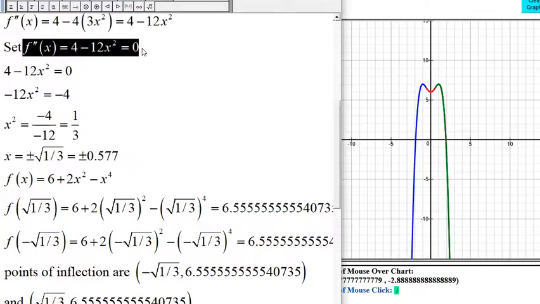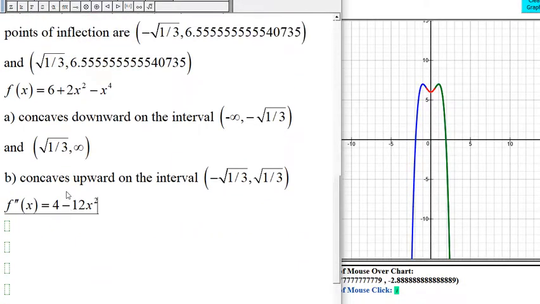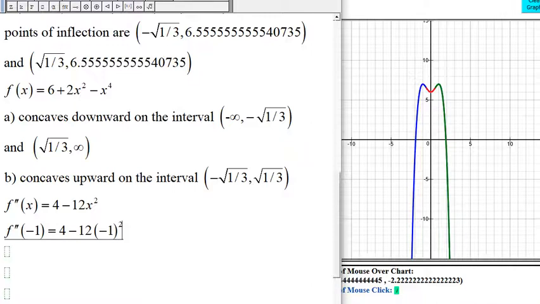So this is the second derivative right here. And let's pick the number from this interval, the blue interval right here. So let's pick -1. So we do this, and we're expecting something negative. We should get a negative answer for f at -1.